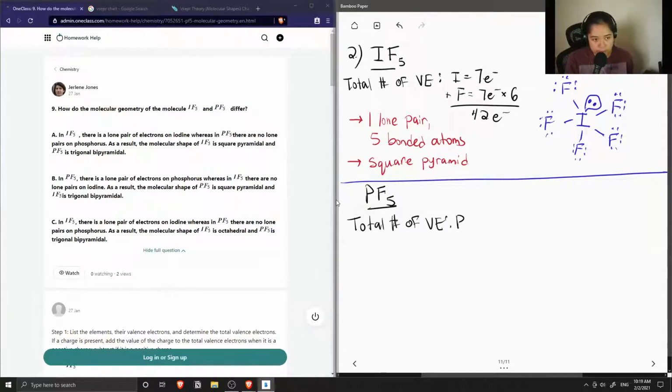So phosphorus has 5, and fluorine has 7. And since there are 5 fluorine atoms, we multiply this by 5. And we get a total of 40 valence electrons.